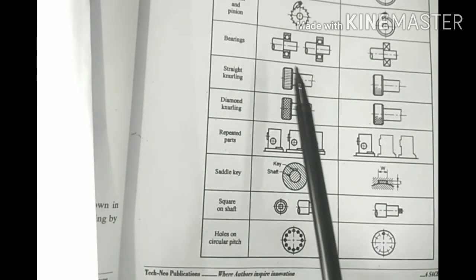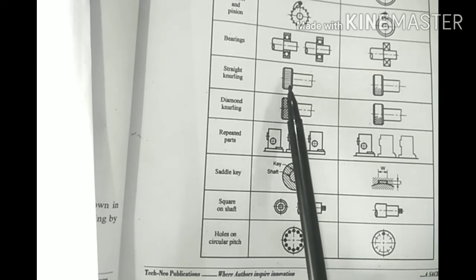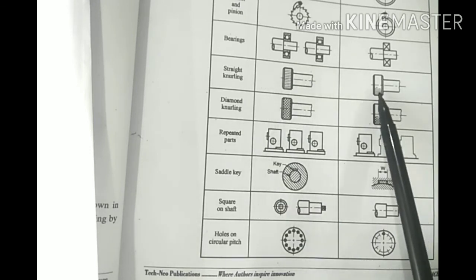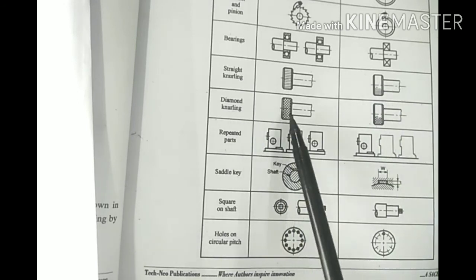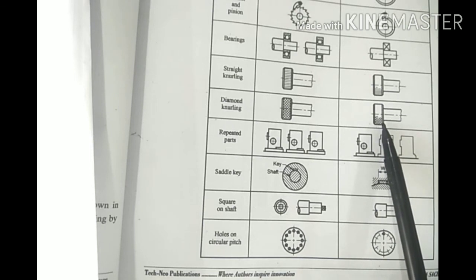Straight knurling, with small serrations or small grips in a straight pattern, is symbolically or conventionally represented like this.